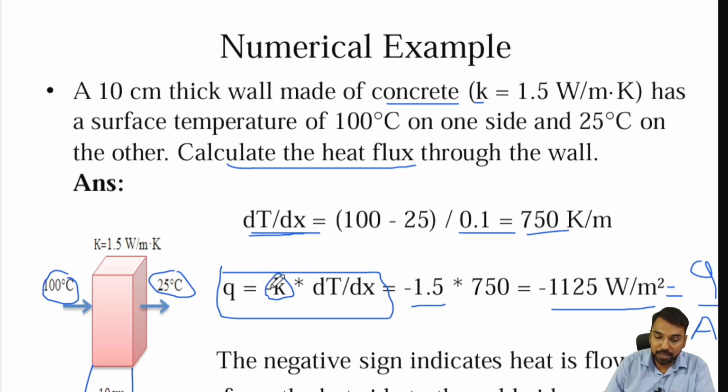If we don't take this negative sign, then 100 minus 25, as we calculated, would give a positive term. And in another scenario, if the temperature is reversed, let's say 25 on one side and 100 on the other, then if in Fourier law this negative sign is not there, the heat flux is going to be negative. That implies the heat is flowing from the cold side to the hot side, which is not possible due to the second law of thermodynamics.